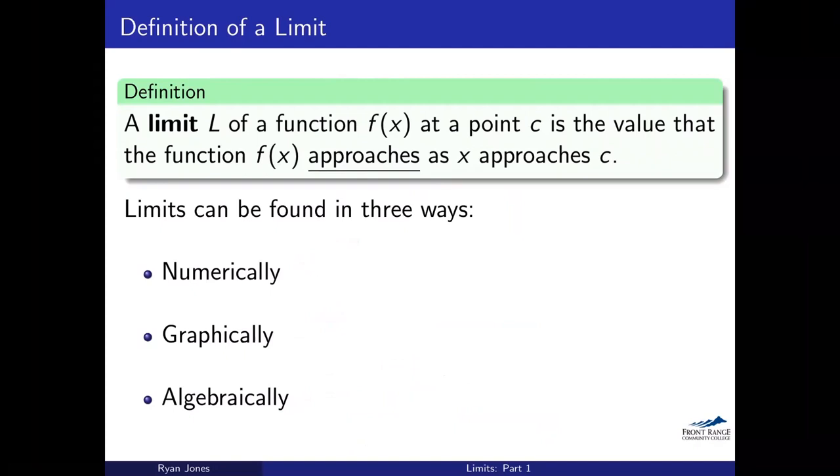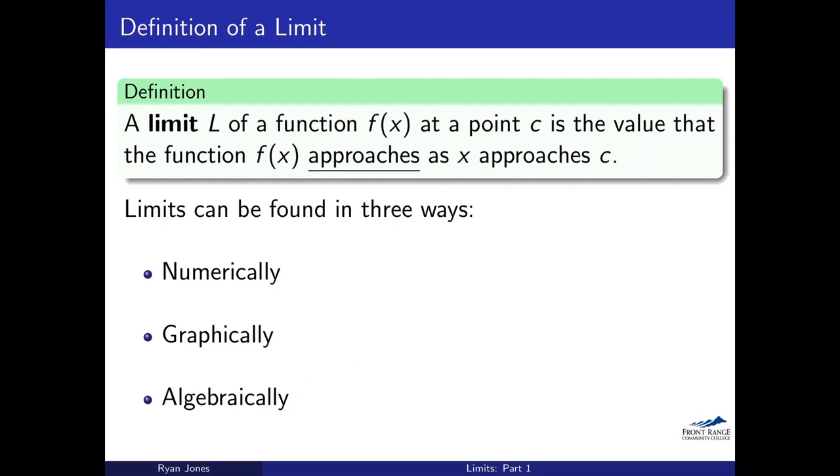Numerically is the least rigorous of the 3, which is why I tend not to focus on it a whole lot during a lecture. Graphically is a great way to look at these, but again, not as rigorous as algebraically, but it's still a great way to convince yourself of what a limit can be. Algebraically, I think, is the best way. It proves things. We know exactly what the answer is, and we're off on our way.